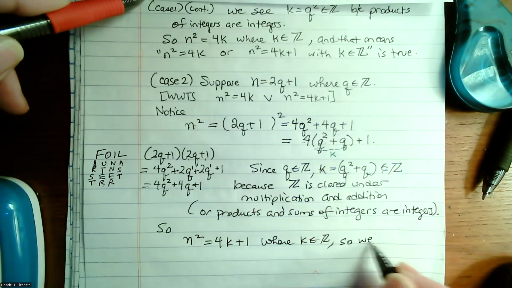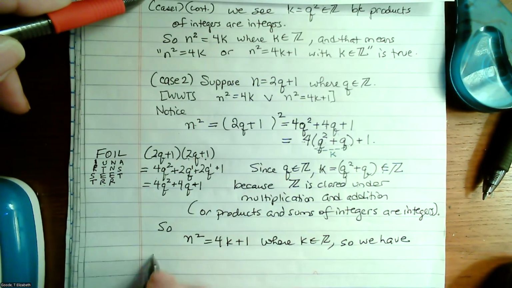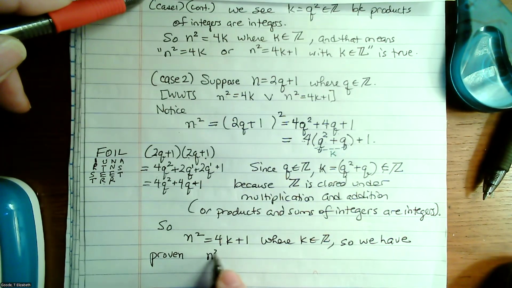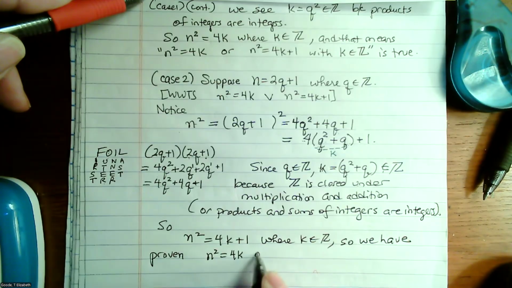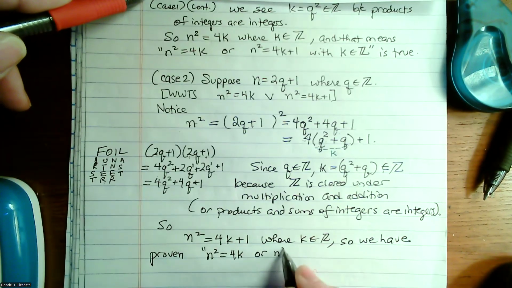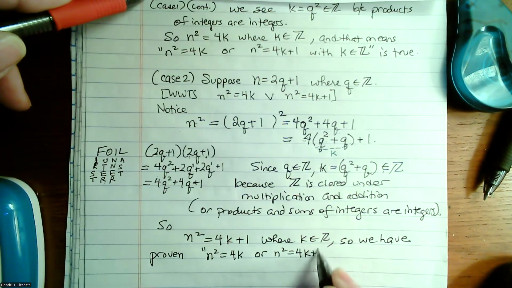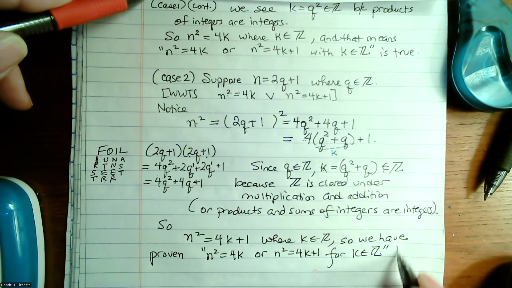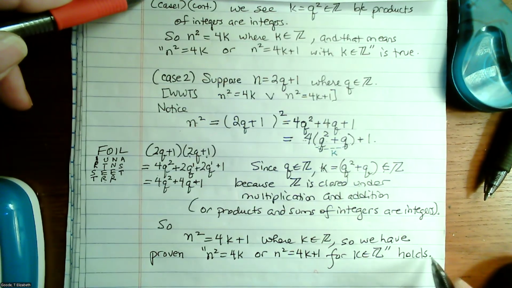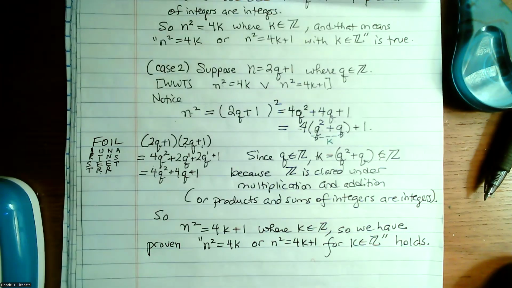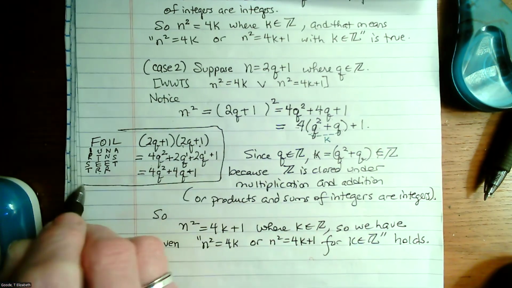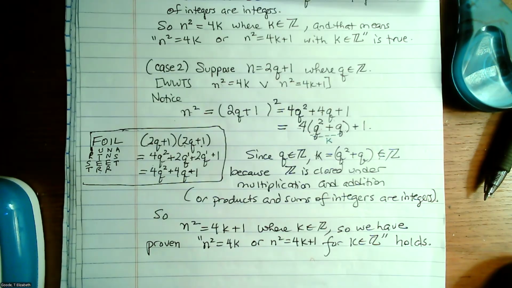So we have proved, or we have proven, either way is actually correct, n squared equals 4k, or I'll put it in quotes, n squared equals 4k plus 1 for k in Z holds, or is true. So we've just gotten our wish in both cases. And that means that it's true no matter what n is.